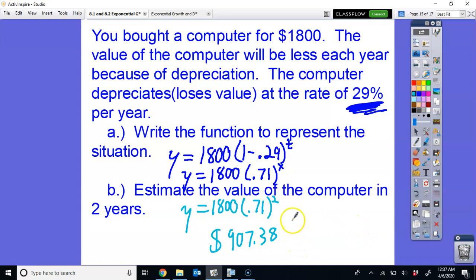So notice that even though I'm only losing 29%, after 2 years, I've already lost 50% basically of the price that I bought the computer for. This is why, even though new technology is awesome, there's a lot of cool things that it does, it loses value very quickly because of the advances in new technology.